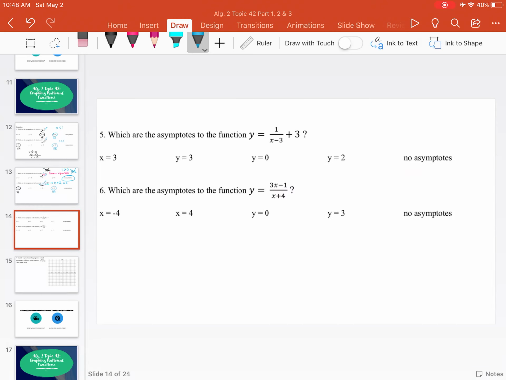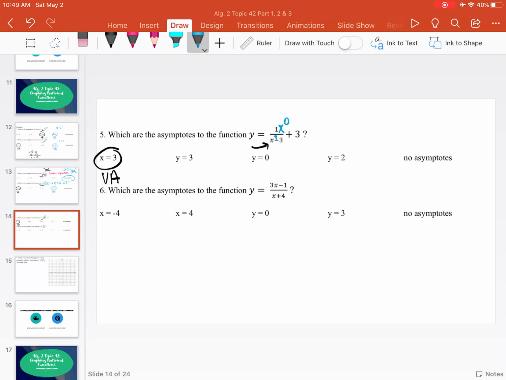Looking at example number 5, which are the asymptotes to the function y equals 1 divided by x minus 3 plus 3. So again, this example is really similar to number 4. If we look at our denominator for the vertical asymptote, we can plug in x equals 3. For the horizontal asymptote, we have x to the 0th power in our numerator, x to the 1st power in our denominator.